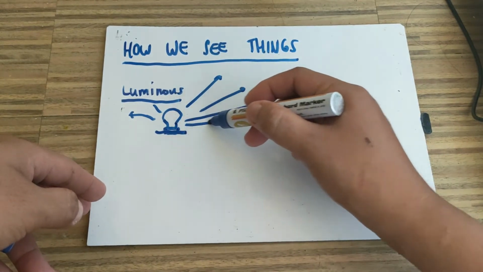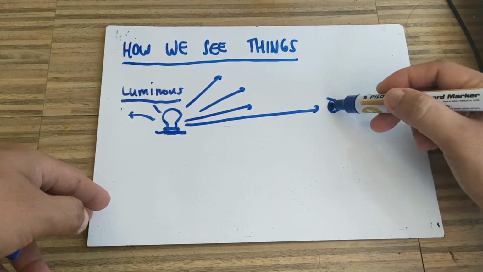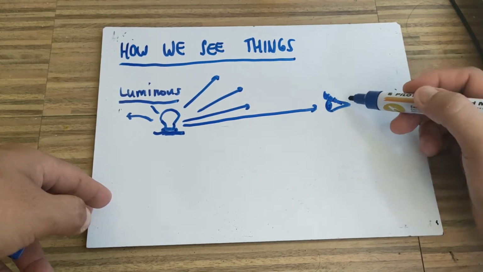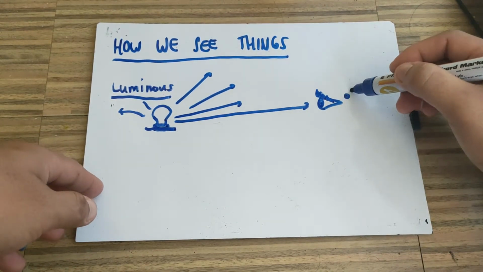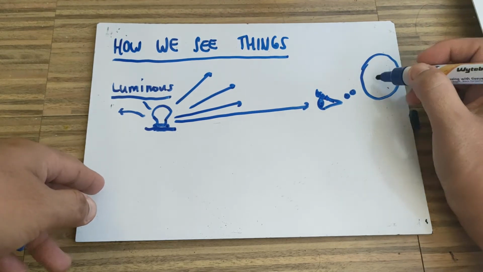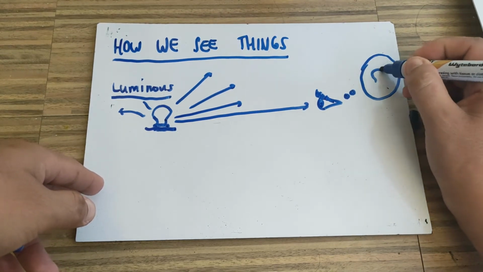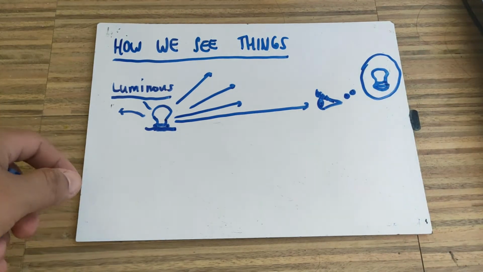One of those light rays might enter your eyes. It will be detected by your cells, and the signal will be sent to your brain, and then your brain will interpret it as you being able to see the light bulb.